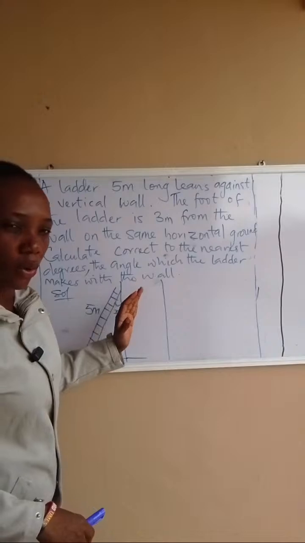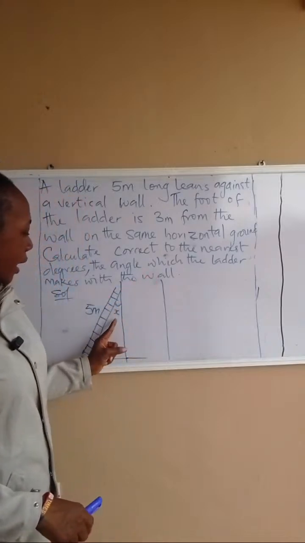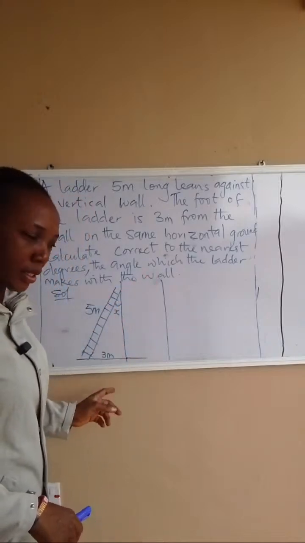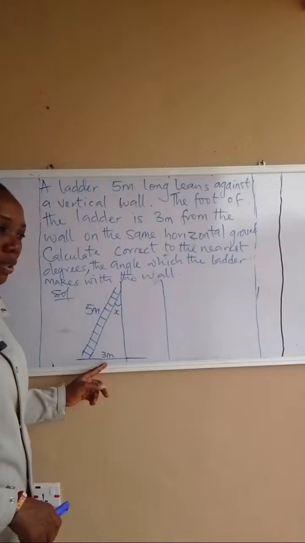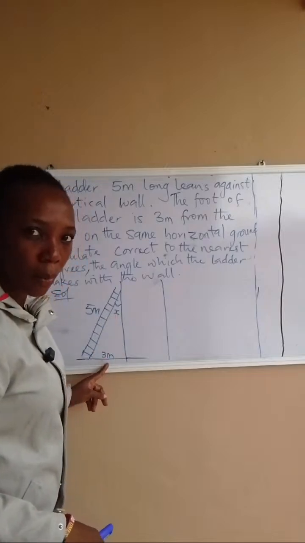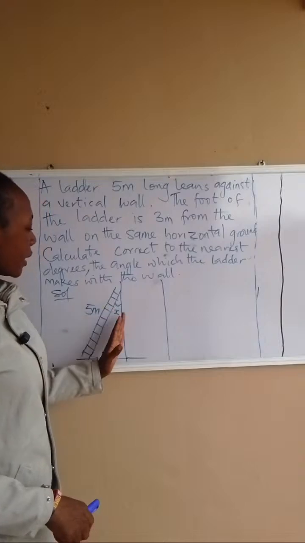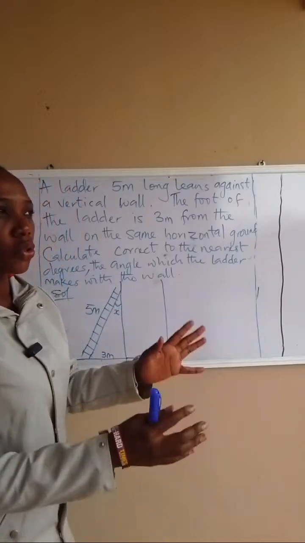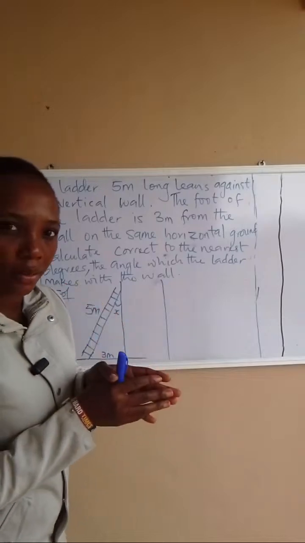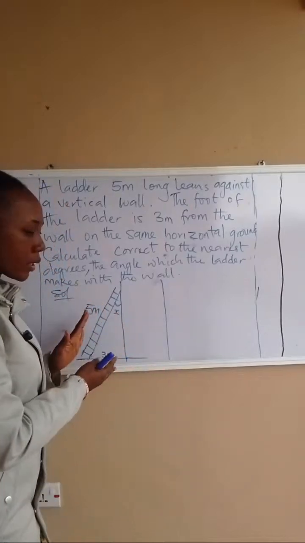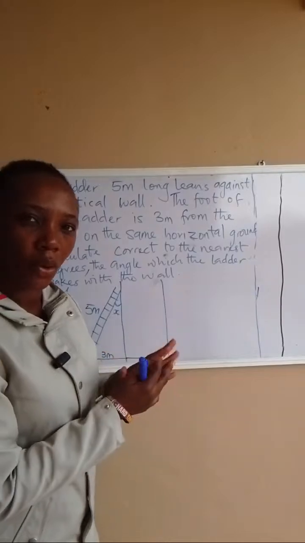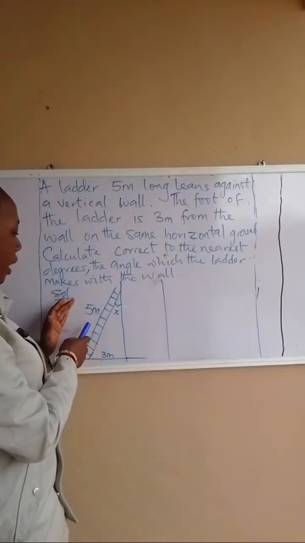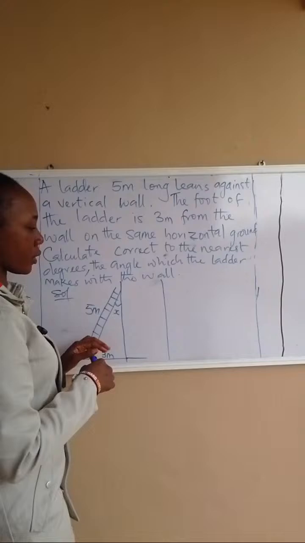And the part where the angle is facing is called the opposite side. Then this remaining part is the adjacent. So with that in mind, the only two parts we're given are the hypotenuse and the opposite.